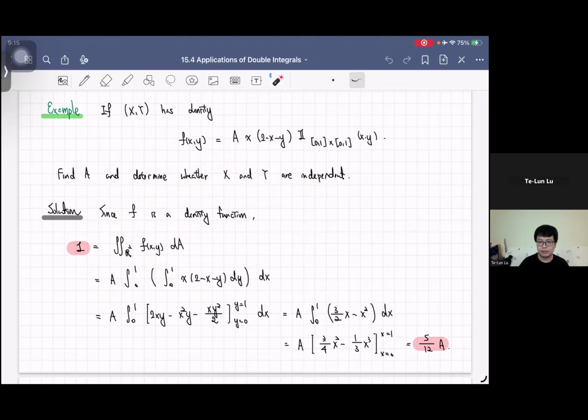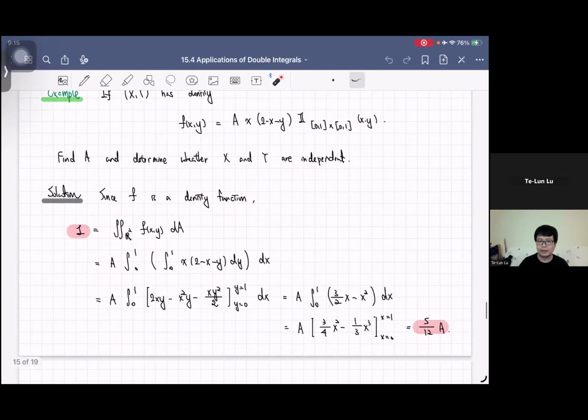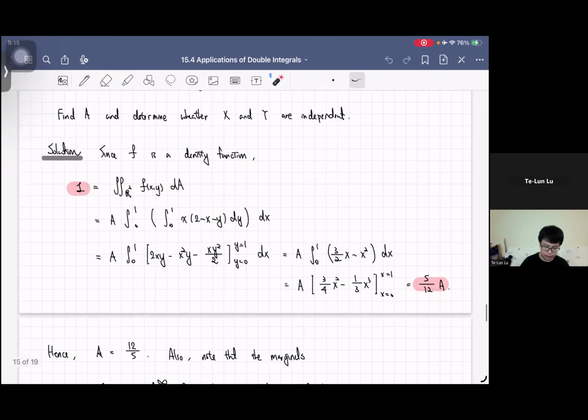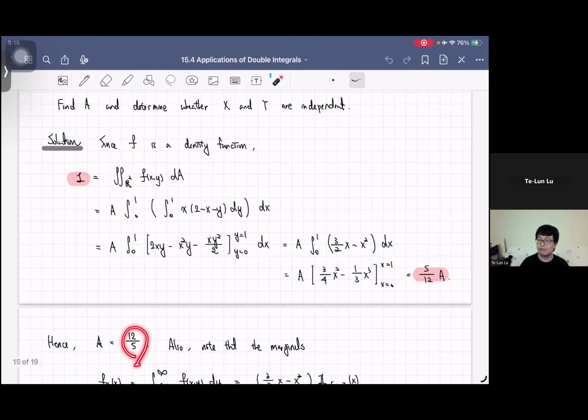You can do it for y or x first, it does not really matter because this is a simple polynomial. And doing some algebra, you get, at the end of the day, 5 over 12 times A. Since this has to be 1, A is forced to be 12 over 5. Okay, you can figure out a constant like that.